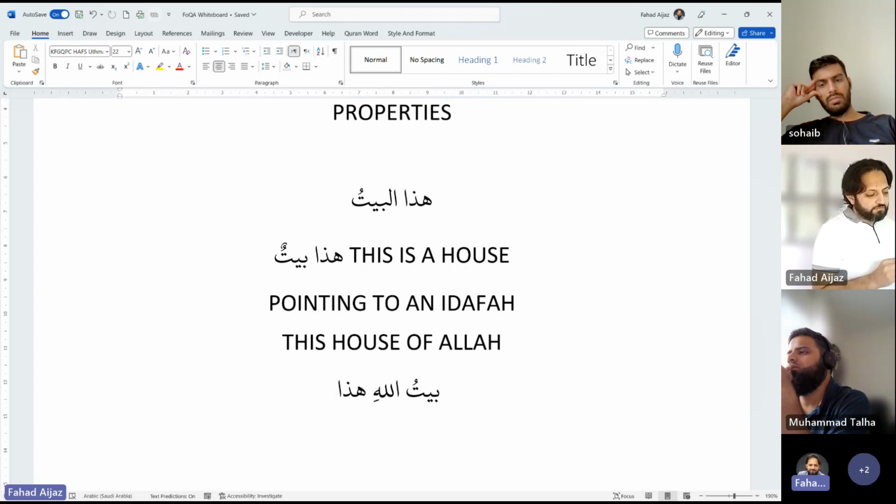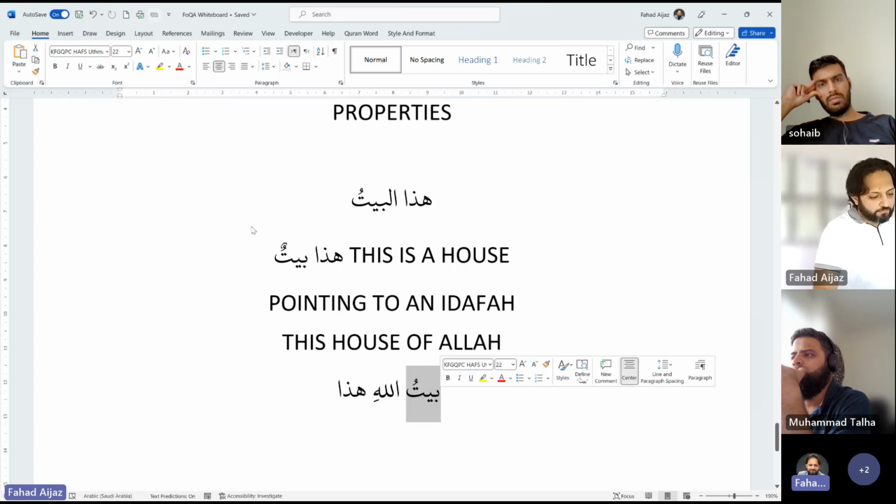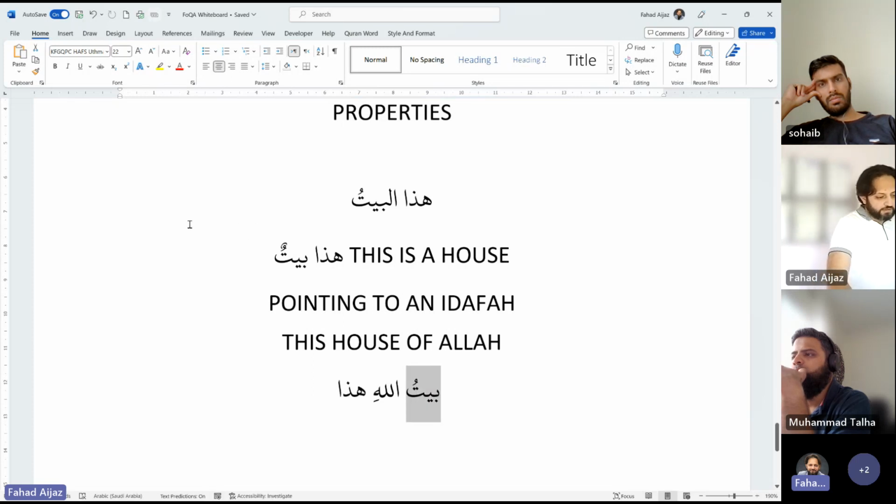In this topic, we also discussed that because in this fragment you don't have a long distance relationship, this is an exceptional scenario. Haza is a bit long distance in this case from baitu. That is one way of looking at it.